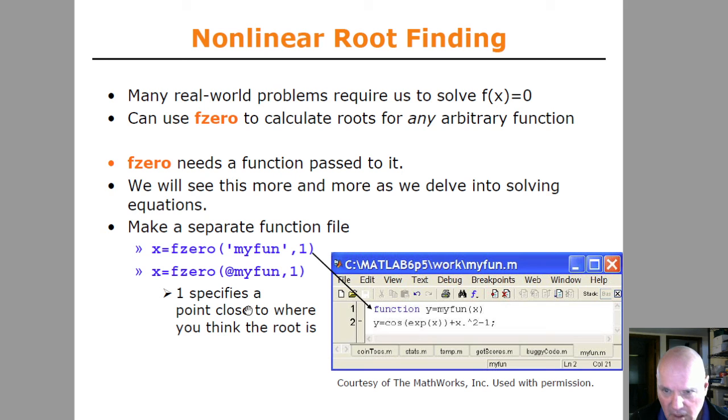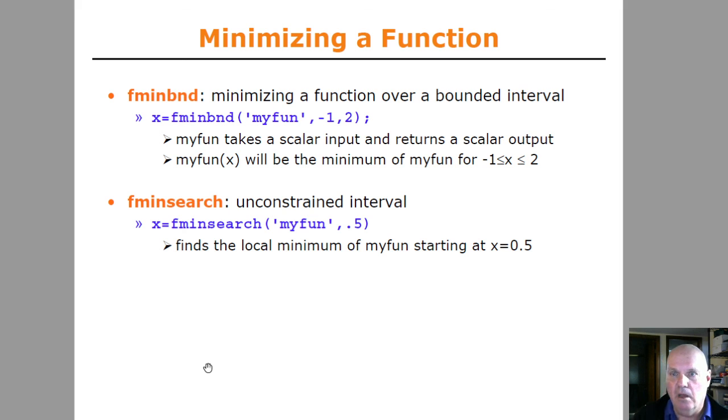Okay. There are some other functions that take function arguments, so it's handy to know how to use this notation. In particular, we'll look at some functions for finding the minimum of a function. So fminbnd finds the x value where a minimum occurs within a particular range, between x values of -1 and 2.